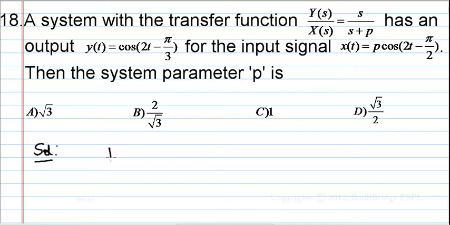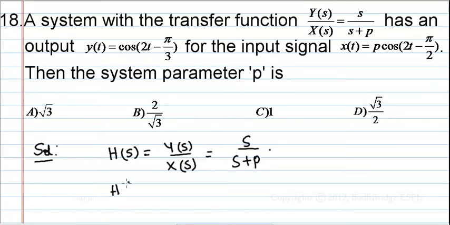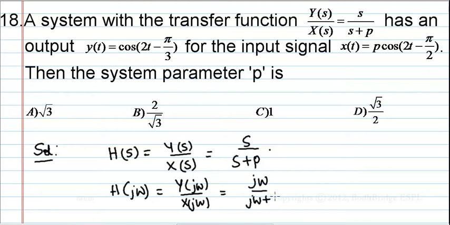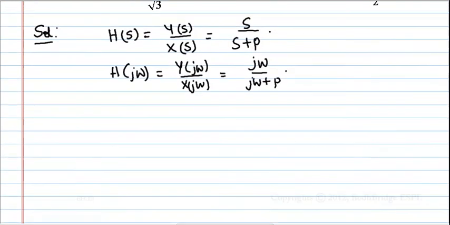Given that the transfer function H(s), which is nothing but Y(s)/X(s), is s/(s+p). Writing this transfer function in terms of jω, we can write H(jω) = Y(jω)/X(jω) = jω/(jω+p). Now we need to find the amplitude response and the phase response of this transfer function.